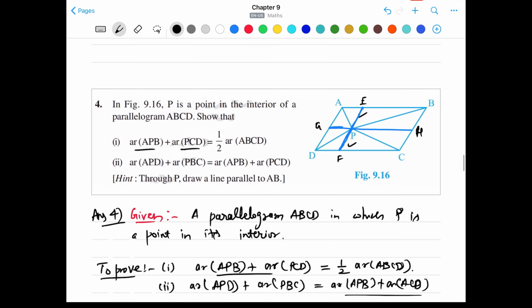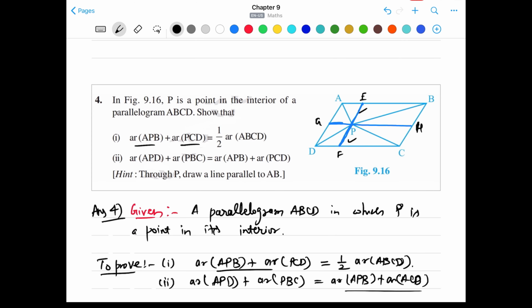Proof of part 1. Now in this one we are taking this line GH. In this upper part we have a triangle APB, this one, and a parallelogram ABHG, which are on the same base AB.